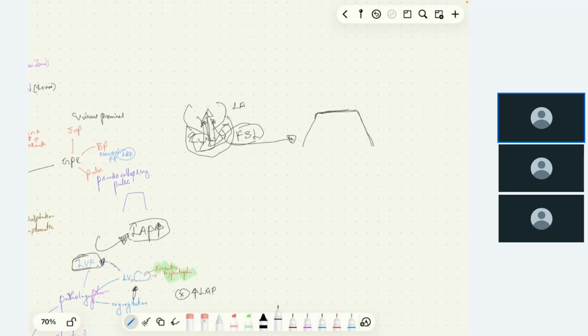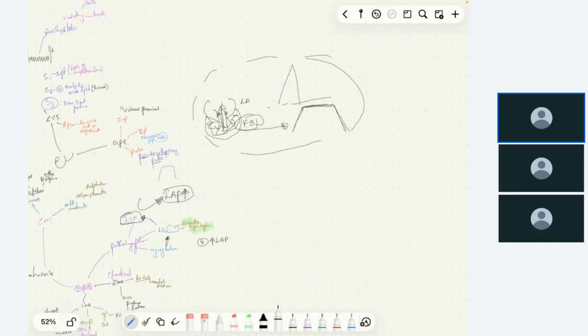So this is called a pseudo collapsing pulse. Collapsing pulse we'll see in AR, where there is rapid upstroke followed by rapid downstroke of pressure. We'll see why when we discuss AR. Here there is rapid upstroke followed by sustained pressure and then rapid downstroke. I hope all of you understood the mechanism behind pseudo collapsing pulse.